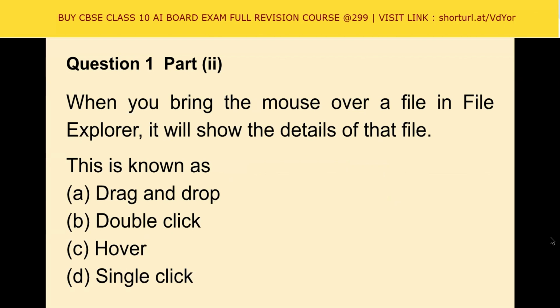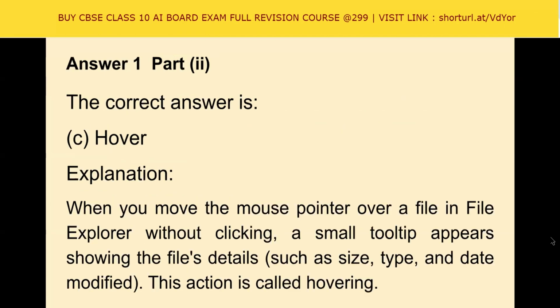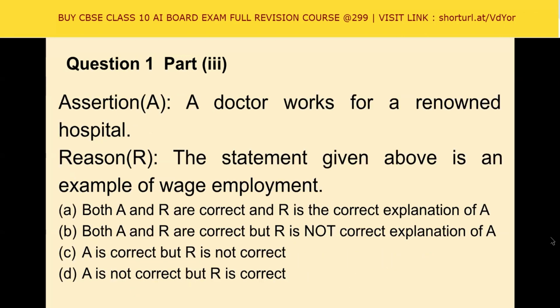If you place your cursor over it, it tells you some of the properties of the file. This activity is known as hover. Hover is when you move your mouse pointer over a file in a file explorer without clicking. We call it a small tooltip, which basically tells you about the size and type of the file.